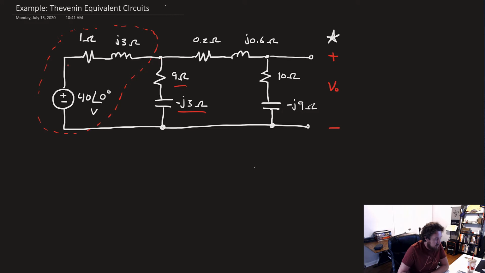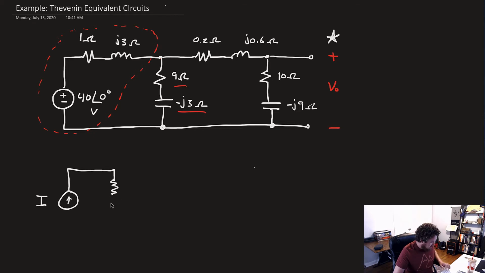So what we're going to do is convert this first into a Norton equivalent circuit. So let's go ahead and do that. We'll turn it into a current source with some current I, which we'll calculate in a second.